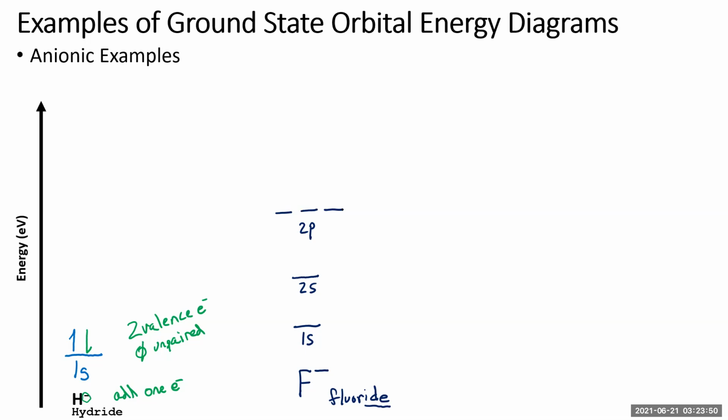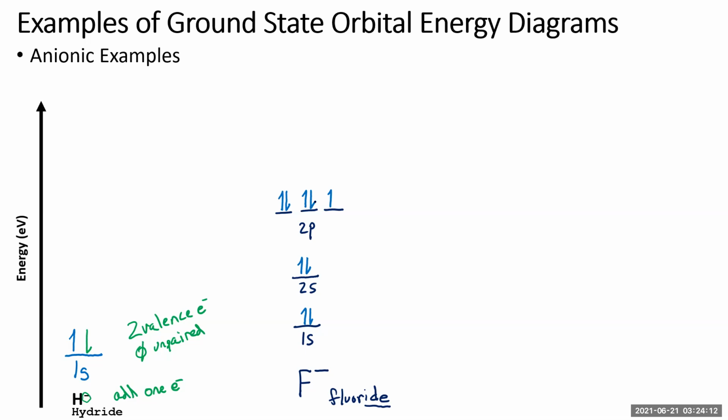So let's fill in our orbitals first. 1s2, 2s2, that takes us through beryllium. Then we have boron, carbon, nitrogen, oxygen, and then finally we're at fluorine.